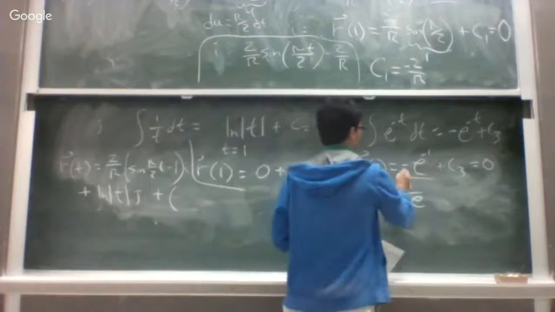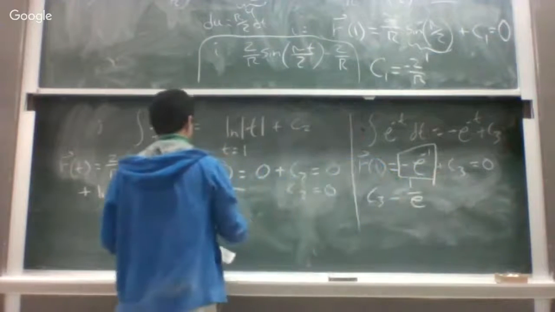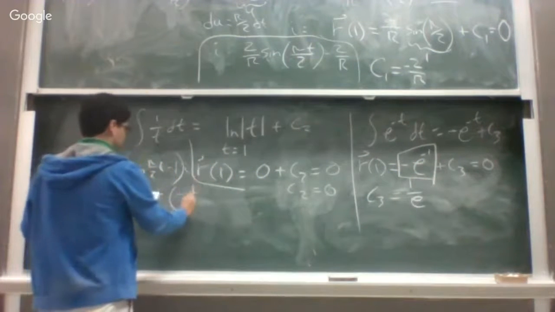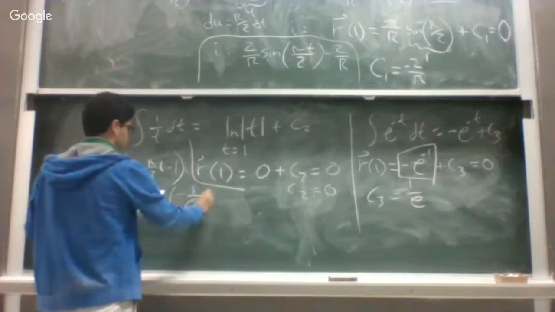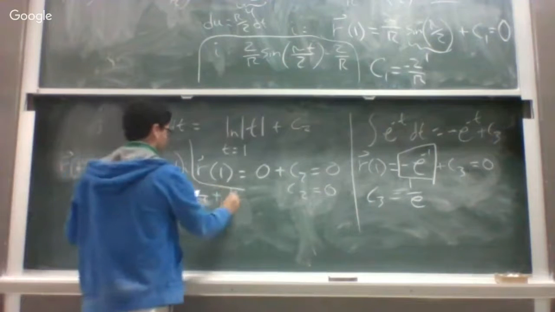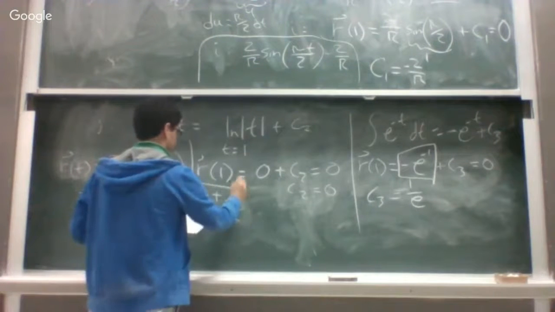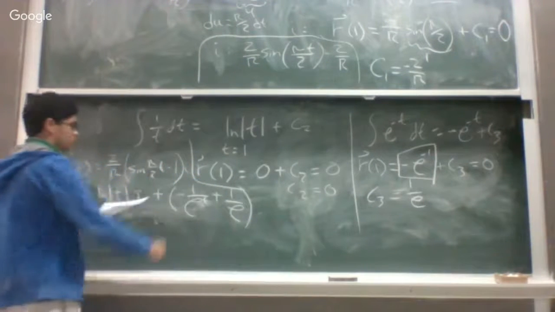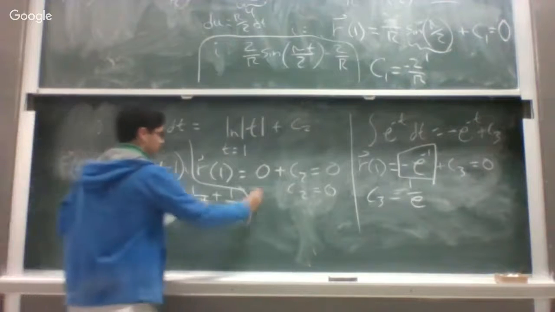It was a negative part here, so minus 1 over e to the t, the exponent t. That makes sense? Plus 1 over e, because that's our c component. Okay.